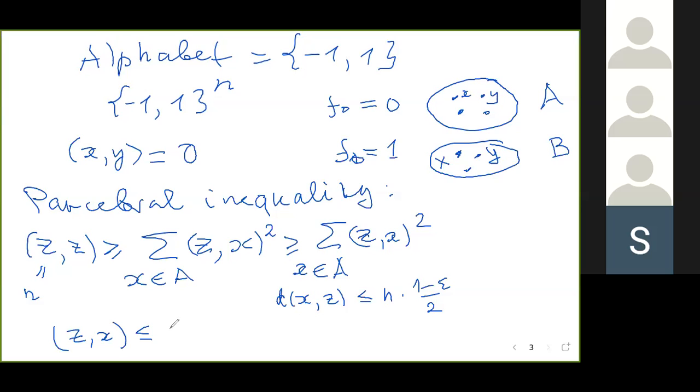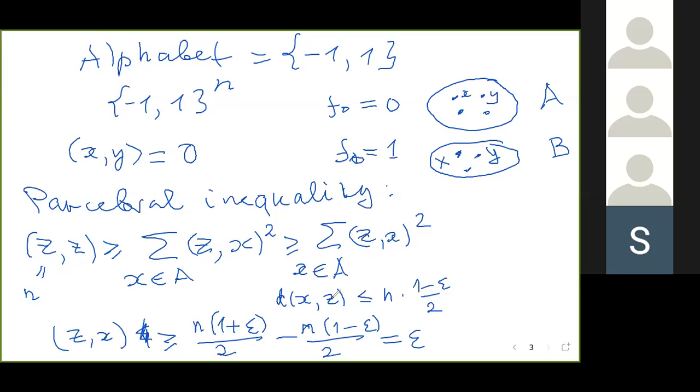More specifically, the number of plus ones is at least n times (1 plus epsilon) over 2, and the number of minus ones is at most n times (1 minus epsilon) over 2. So in total, n over 2 cancels, and we obtain epsilon over 2 plus epsilon over 2, times n.